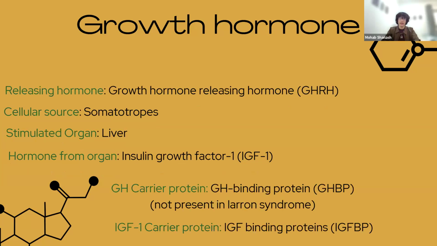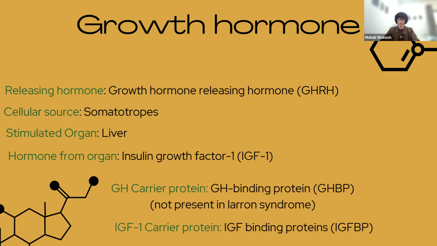Okay. Now, we have a growth hormone carrier protein or a growth hormone binding protein. Okay, this is basically something that just helps the growth hormone not get degraded. Always, if you have something attached to a carrier protein, it's going to have a longer half-life or longer survivability in your body. Now, you will not have growth hormone binding protein in Laron syndrome. Okay.